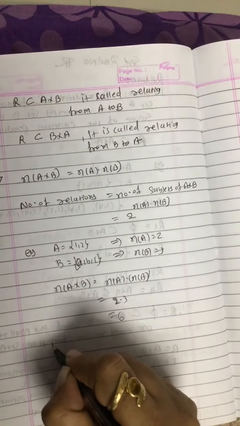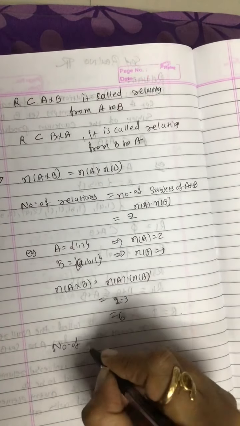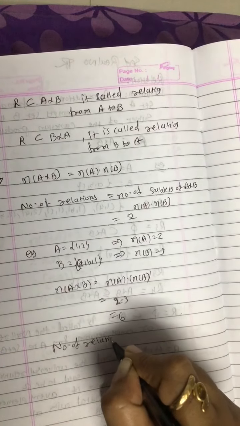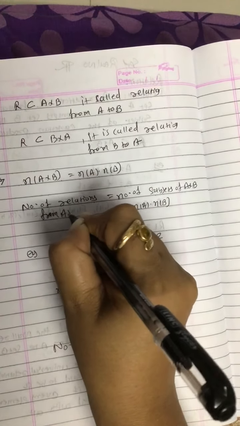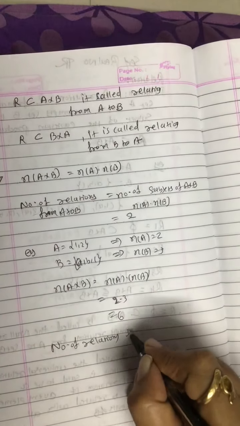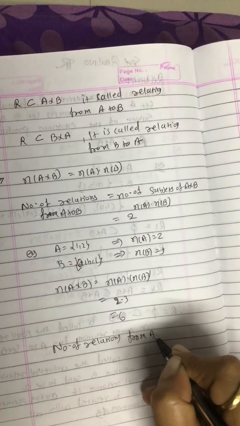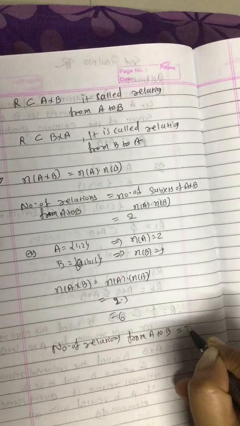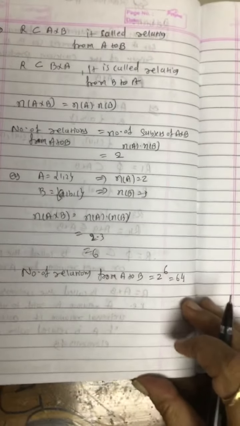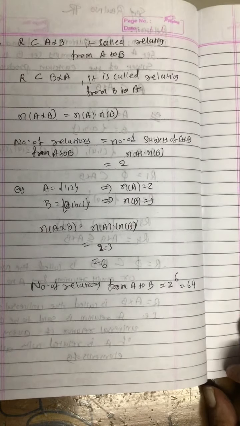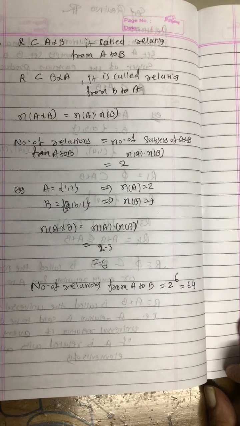The number of subsets is the same as the number of relations. So the number of relations from A to B will be 2 raised to 6, that is 64.